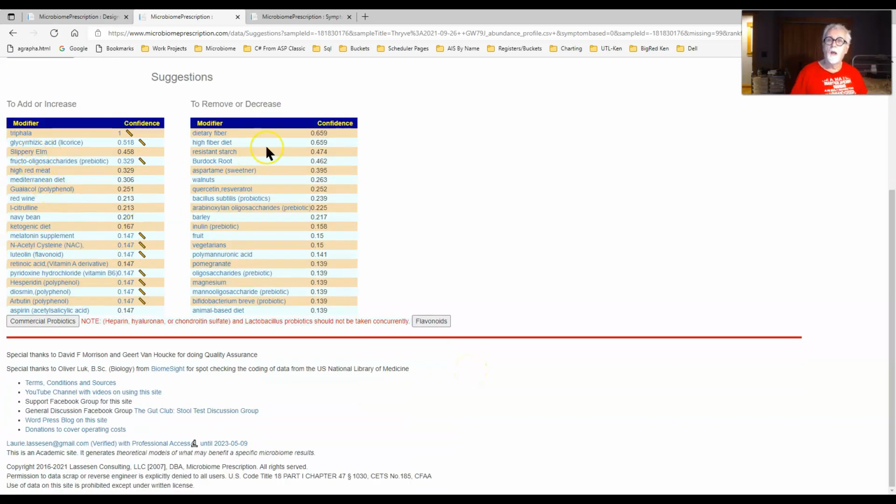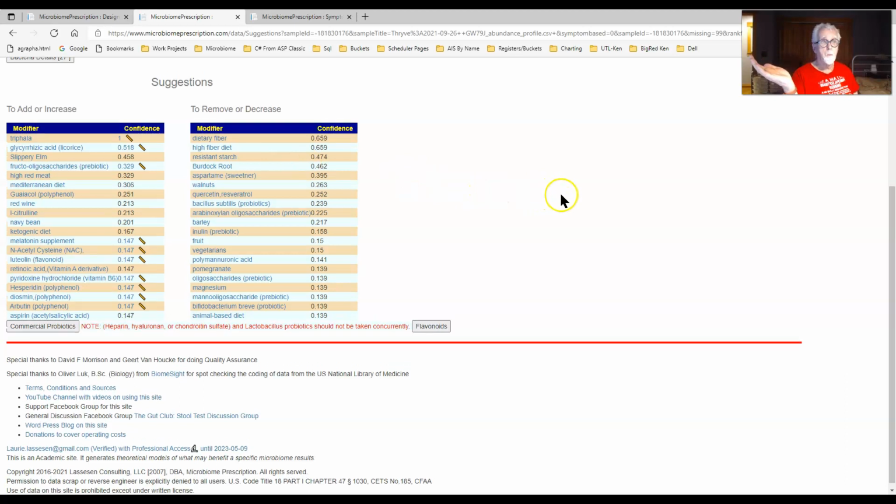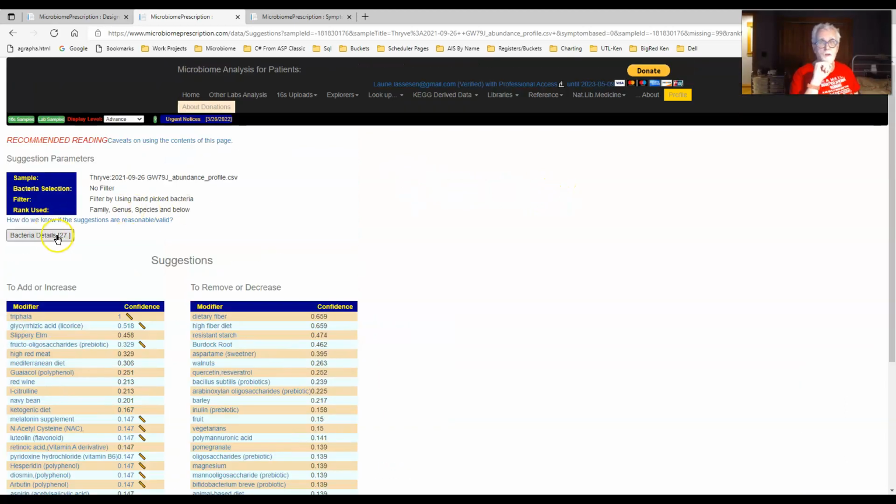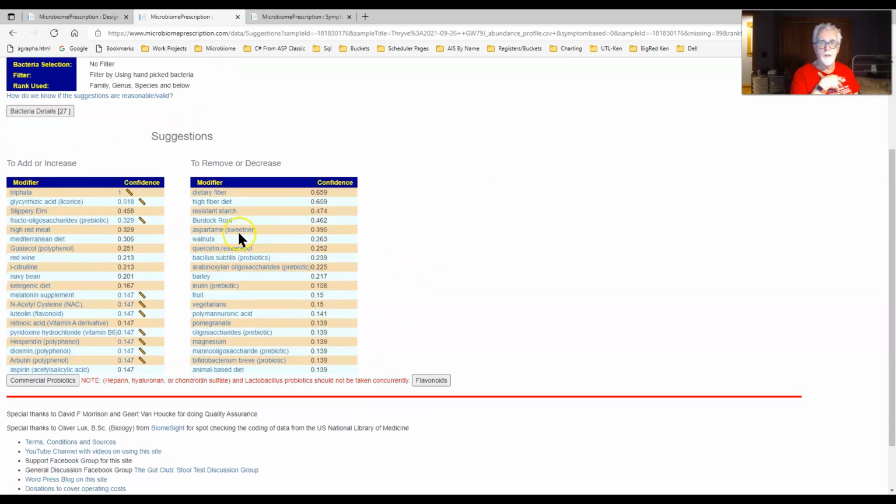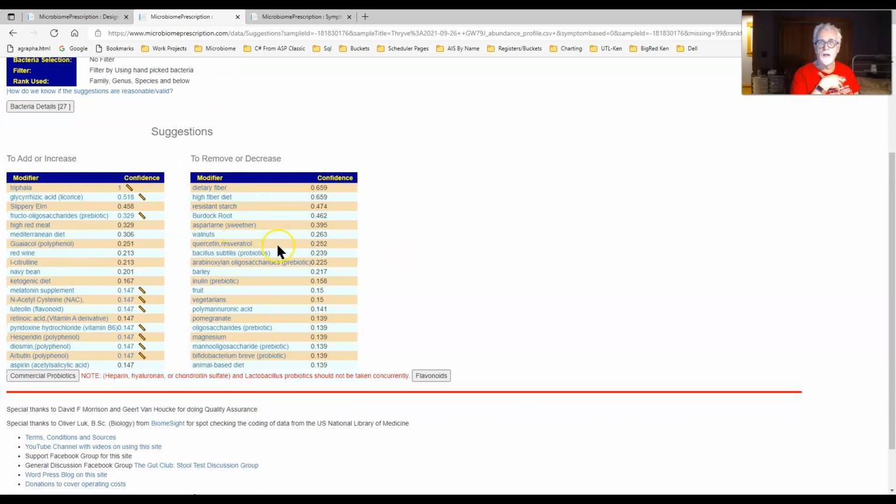And guess what? Tossing in the sleep issue once and almost doubling the bacteria selected, we don't have a major change in the suggestions, which is a good one. And 27 bacteria, we have the same thing. Avoidance of diet in there.